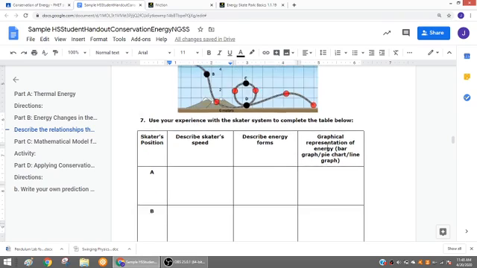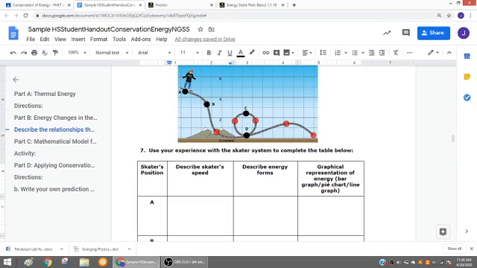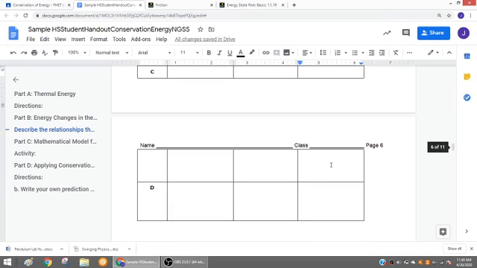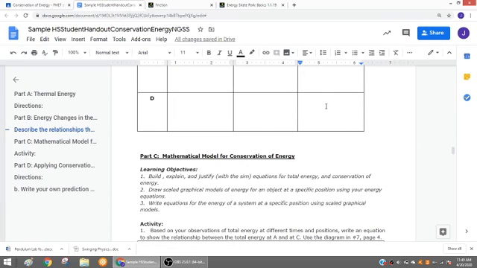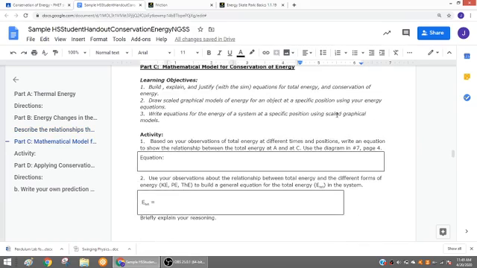And finally, the graphical representation of energy. There you can take screenshots and crop them down. Take screenshots of the energy bar graph and the pie chart and paste them here. Remember to crop them down so they're small enough.